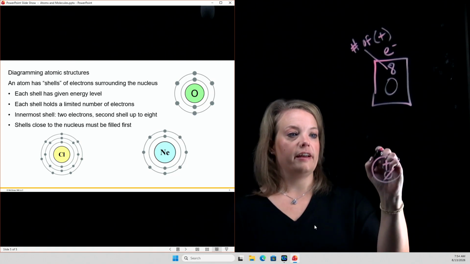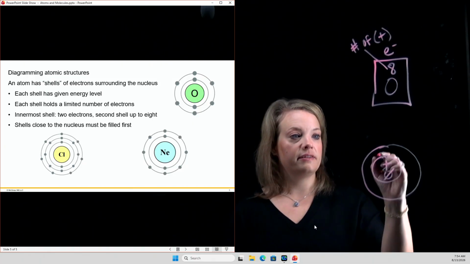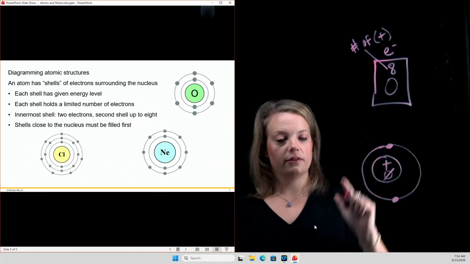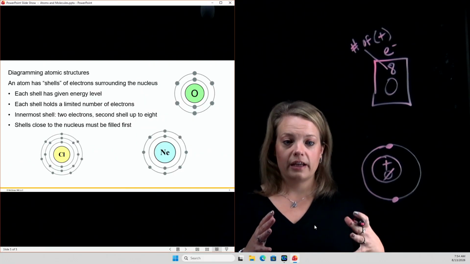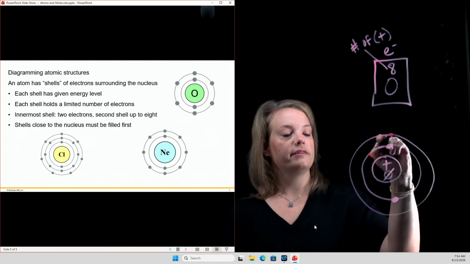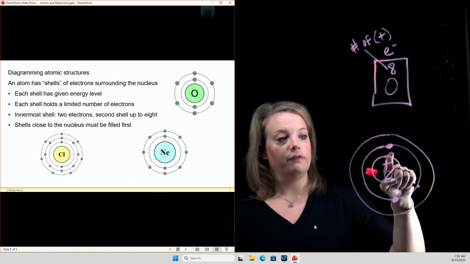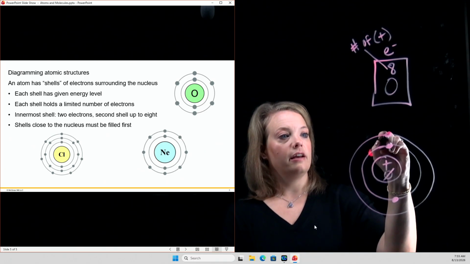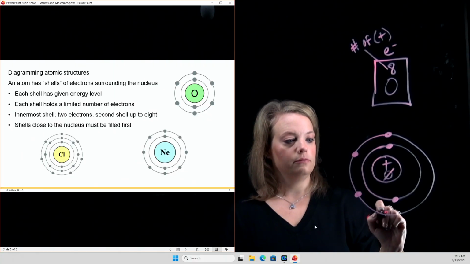The rule is that the first shell or orbit around that nucleus is going to contain 2 electrons. So those little dots are 2 electrons. Every subsequent shell can have 8 electrons. So we'll draw a second shell. Since oxygen has 8 electrons and we've already used 2 of those in the first shell, oxygen is going to have 6 electrons in the second shell.